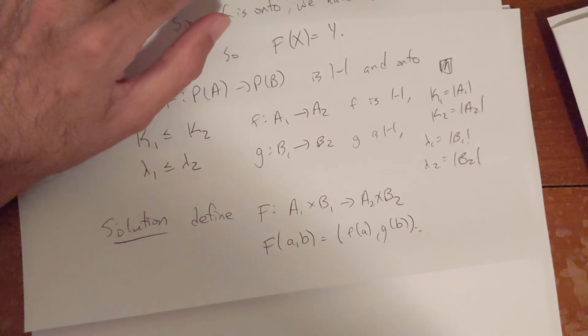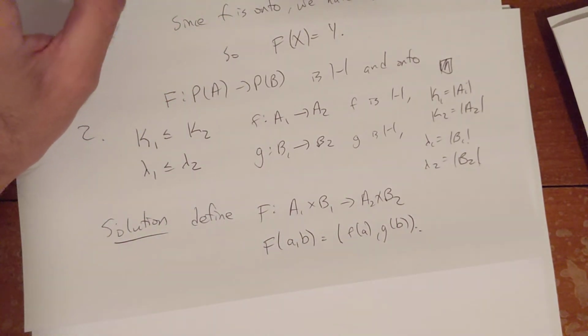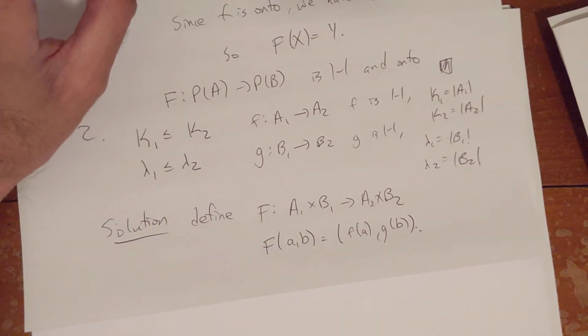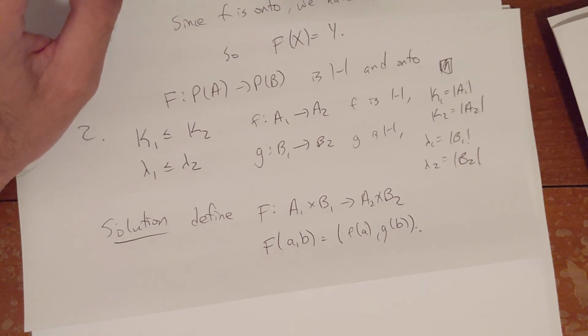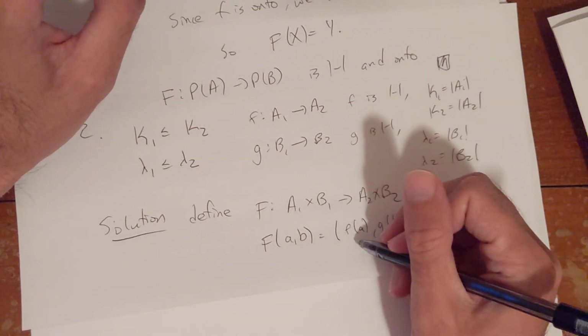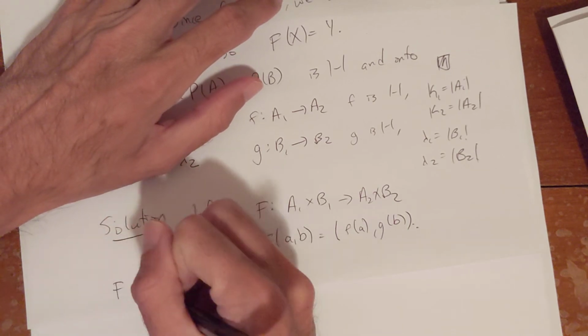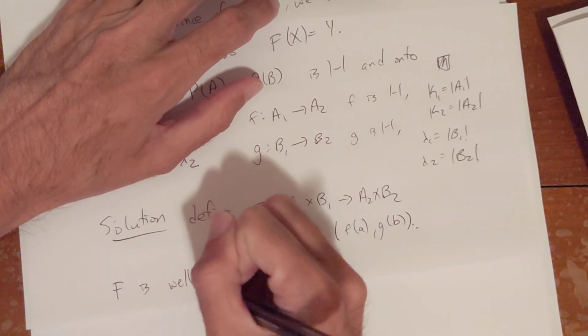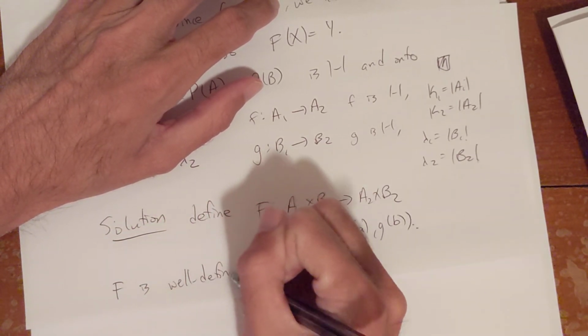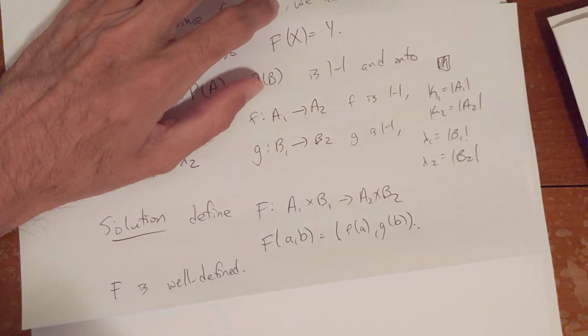Okay, so this is well defined, and we have to show that it's one-to-one, which is basically just because f and g are both one-to-one.